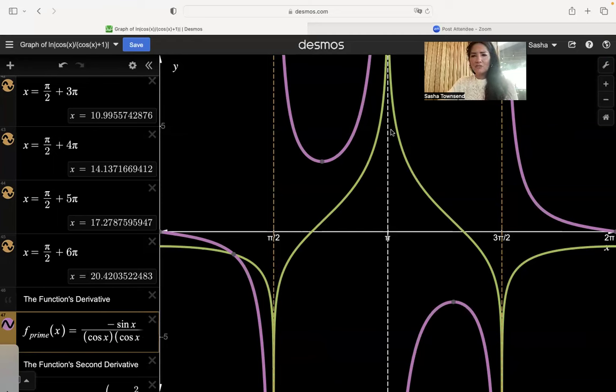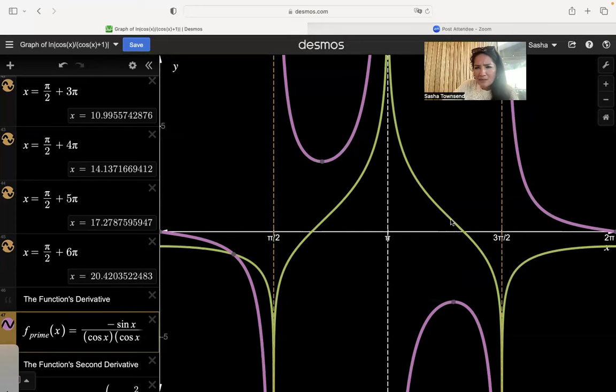Now on this next branch from pi to 3 pi over 2, the green function is decreasing. So all the derivatives should be negative. And if we look at the value of the derivative function, it's always negative here. We see that these are very large negative slopes as we get close to pi. And then the function gets less and less steep until at x equals 4.05 approximately, the slope is negative 3.33.